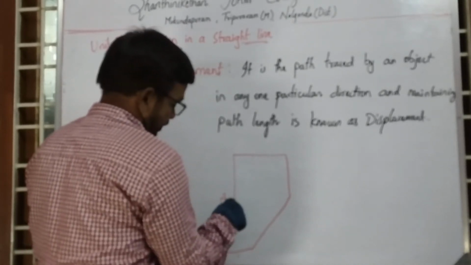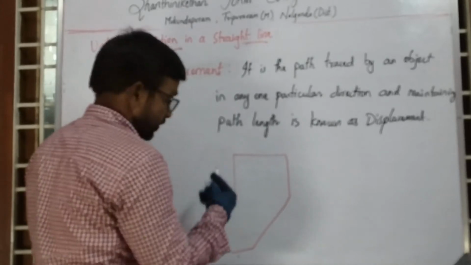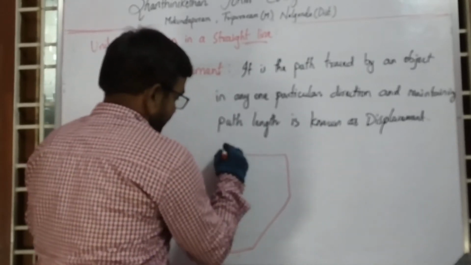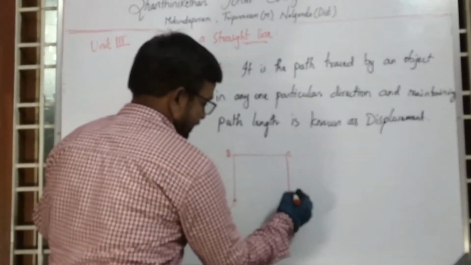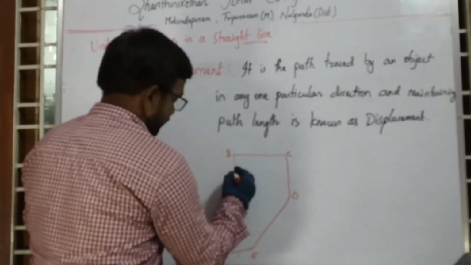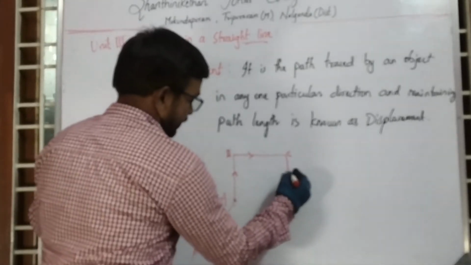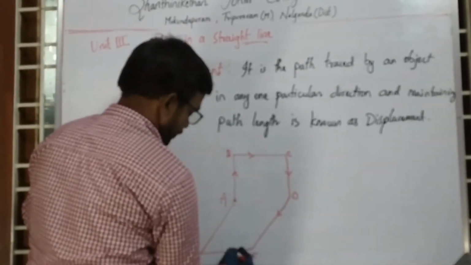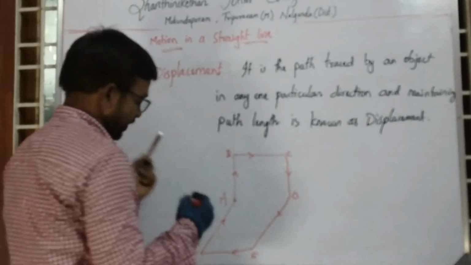Once again reaching the initial point. This is A, this is B, this is C, this is D, this is E, this is F. A body is traveling from A to B, B to C, C to D, D to E, E to F, and once again F to A.